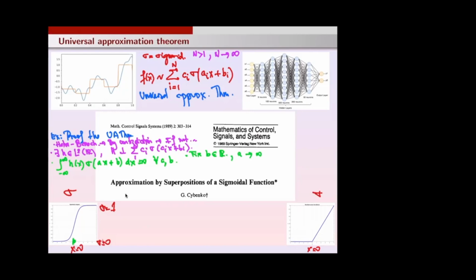This transition becomes sharper and sharper, and eventually the sigmoid becomes the Heaviside function. So when you do this, the sigmoid of ax plus b converges to the Heaviside function, which is 0 to the left of, say, minus b, and 1 to the right of minus b.